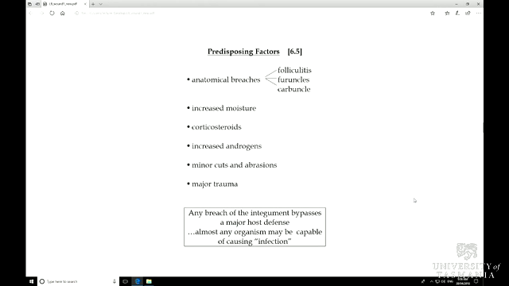So if you think about the idea that we've got all these defences against infection, then when you have infection, it must involve some kind of breach of those defences or some kind of impairment. So anatomically, lots of skin infections occur at hair follicles because the hair follicle is a natural breach of the skin because there's a hole there where your hair comes out that goes down below the keratinized layer of your tissues. So blocked hair follicles are a classic source of infection.